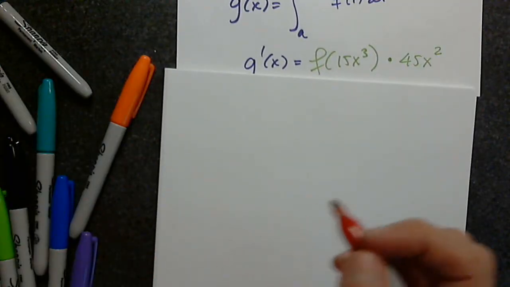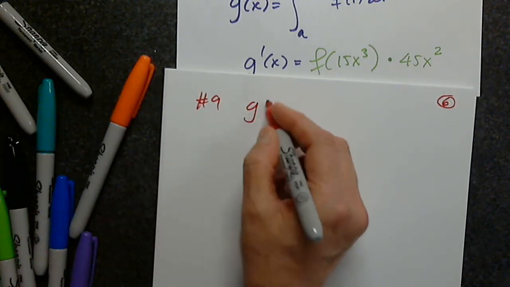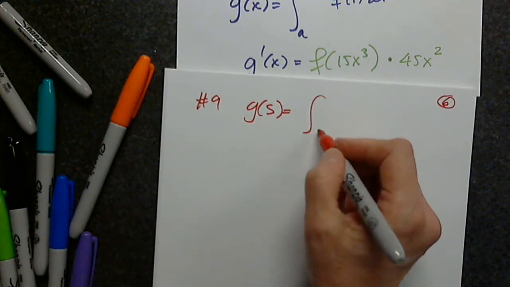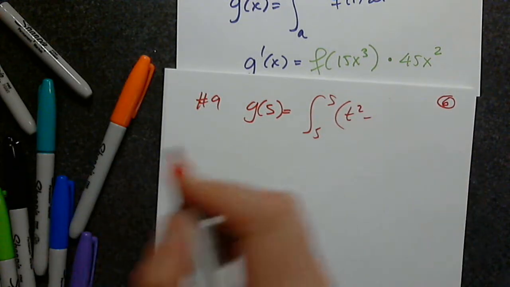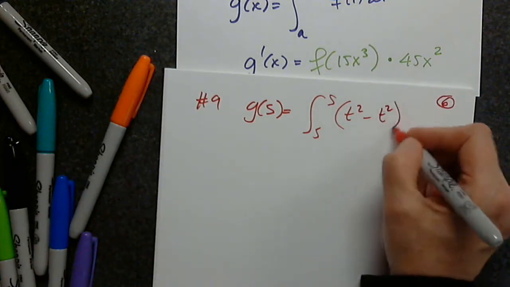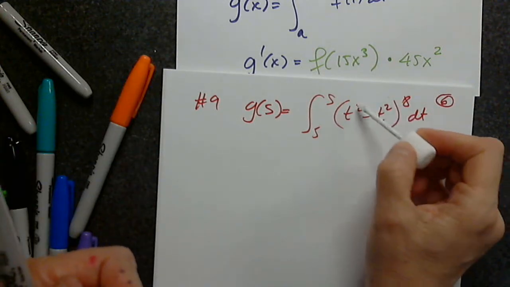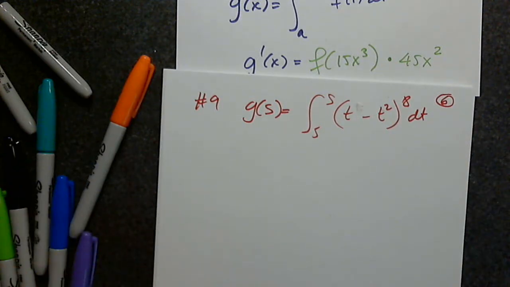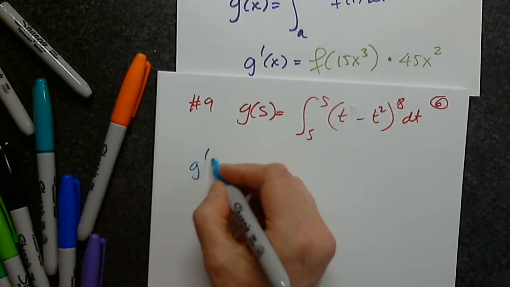So we're practicing fundamental theorem of calculus part 1. In number 9, we have g of s equals the integral from 5 to s of t minus t squared, that's the function, t minus t squared, sorry, to the 8th power dt. Is it? Yes. Of course, we're only asked to find g prime of s.